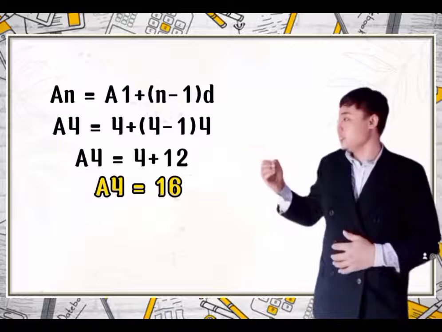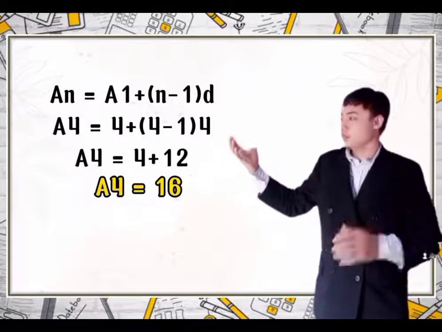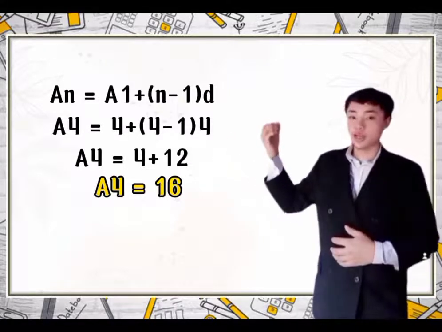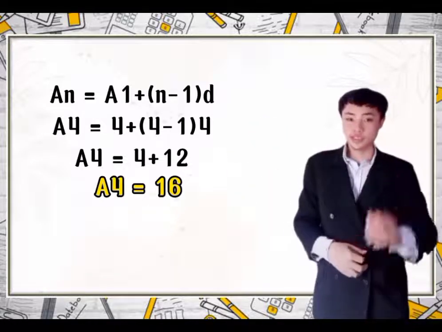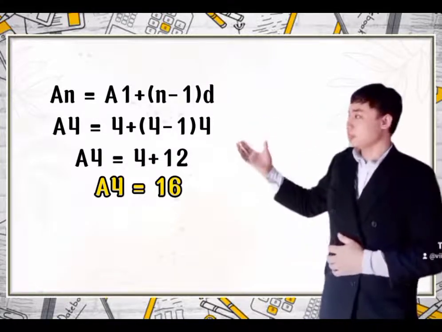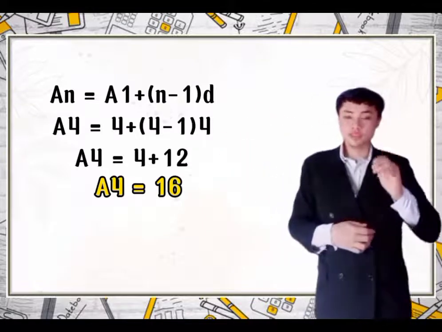Now for the fourth term. Same as the second term and third term, we have to apply the formula of the arithmetic sequence. a sub n equals a sub 1 plus n minus 1 times d.